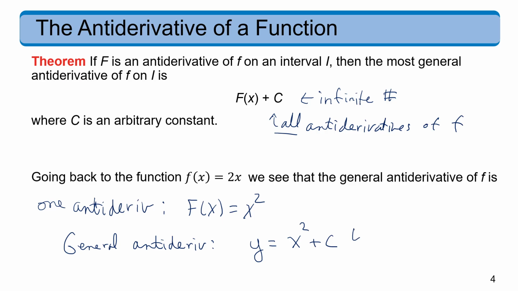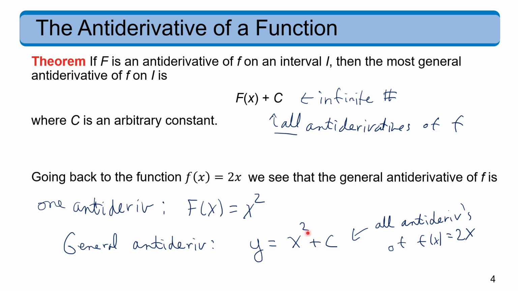This represents all antiderivatives of the original little f of x, which had the formula 2x. That means this infinite list of functions contains every single antiderivative of 2x. There are no others other than the ones listed here.